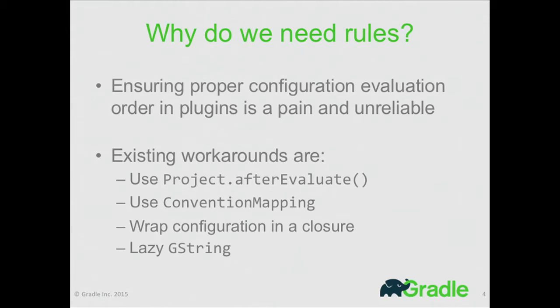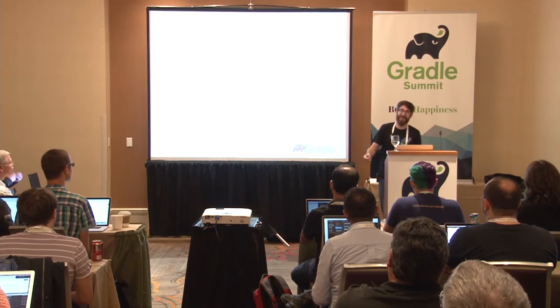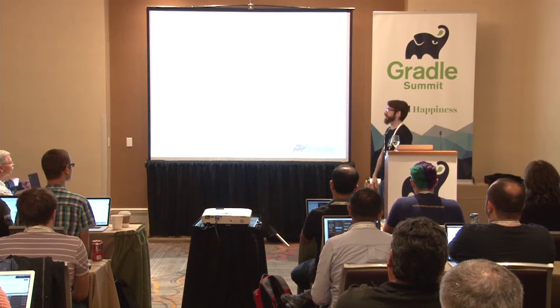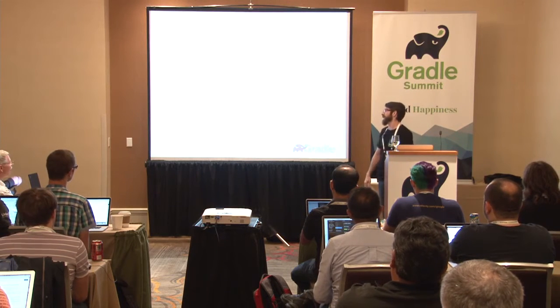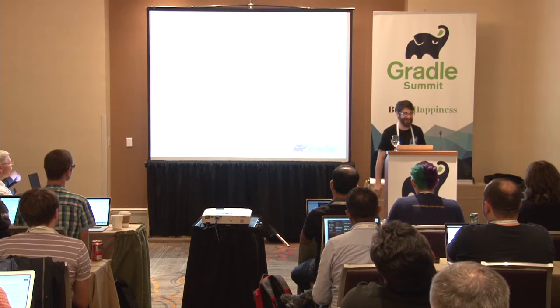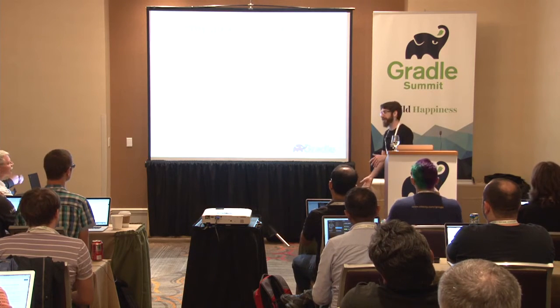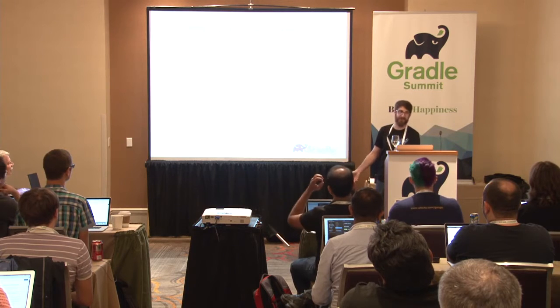The other option is to use convention mappings, which is a little bit better. You're basically deferring all the way to execution effectively. But like Luke said, we kind of wave our finger at people, like, don't use convention mapping, it's an internal API, and then in the same breath we say, well, there isn't really a solution to not using it, so yeah, it's okay, we understand. But in the end, it's also really not the best solution. And then there's other weird hacky stuff like, just put the configuration in a closure, and hopefully the method that I'm calling accepts the closure, and then we'll just evaluate at execution time.